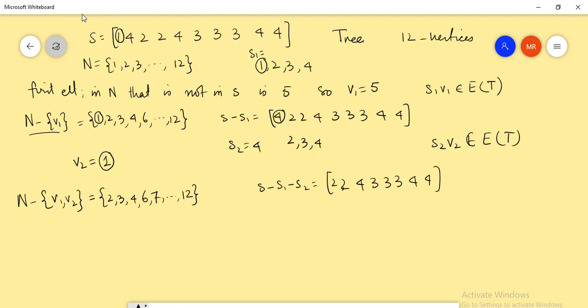And now the elements of S minus S1 minus S2 are 2, 3, and 4. The first element in N minus V1, V2 that is not in S minus S1 minus S2 is 6. Hence V3 is equal to 6, and S3 is equal to 2.